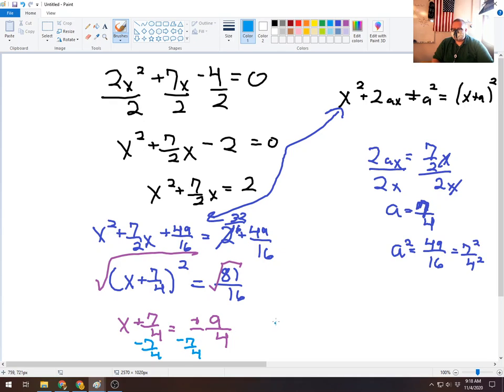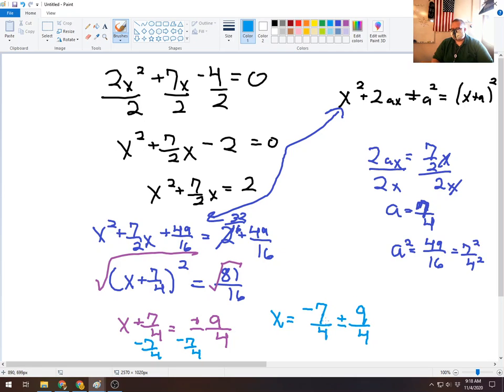And our final answer is, it's just fractions. There are two options because there's always going to be two. It's going to be negative 7 over 4 plus or minus 9 over 4.